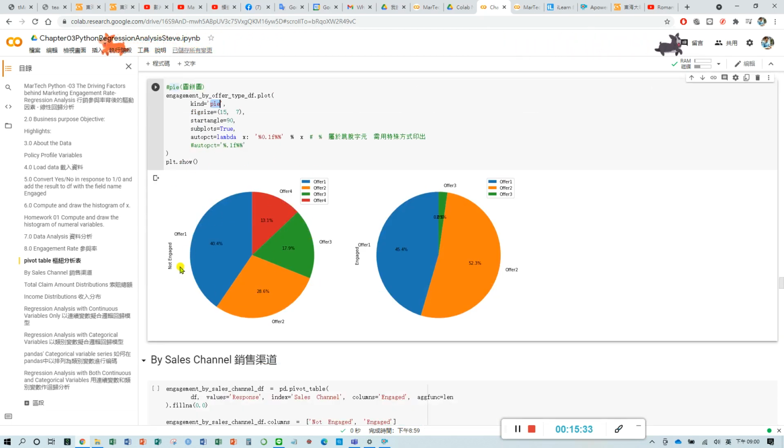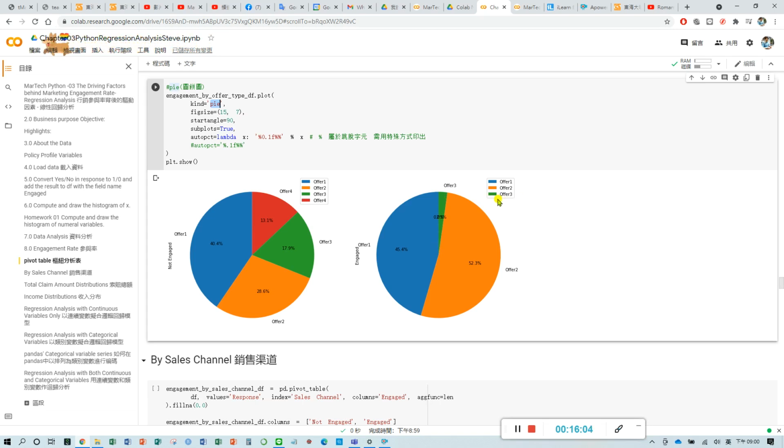For this one, it's not engaged, the distribution, the portion, 比例, engaged. From this diagram, you may see a lot of the renew engaged customers use offer 1 and offer 2. Some are offer 3, the green one.